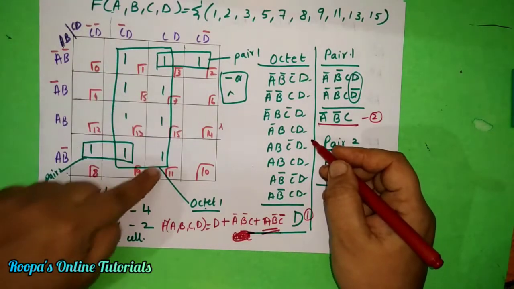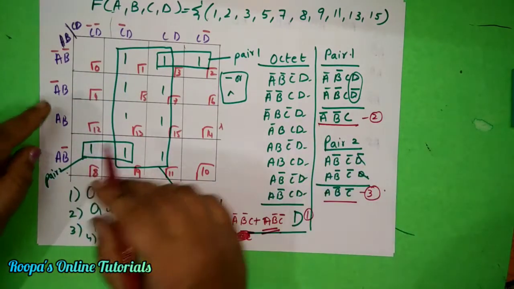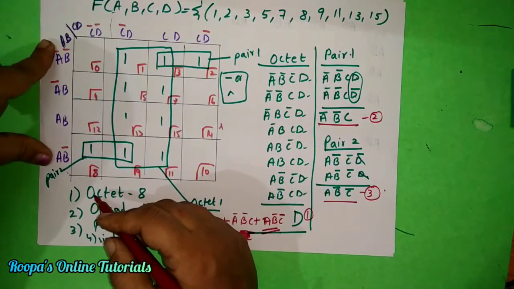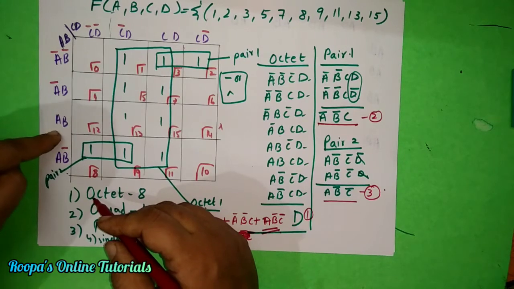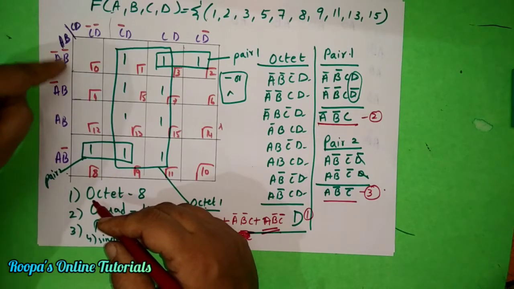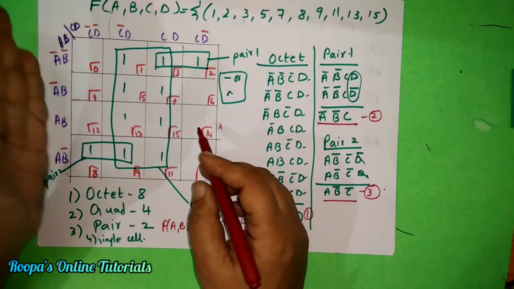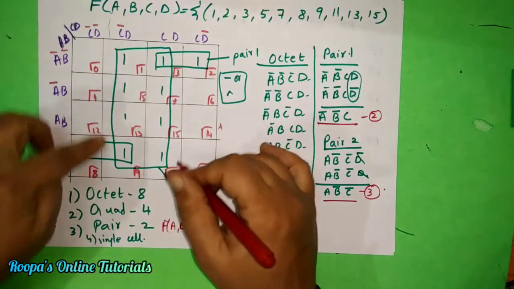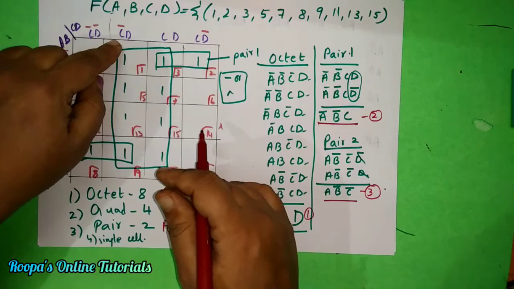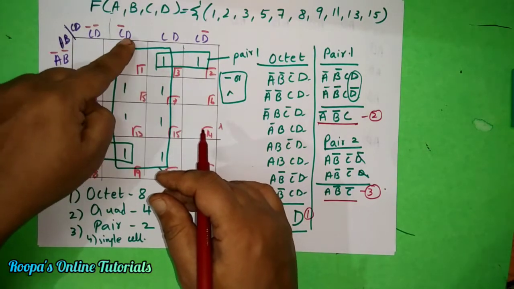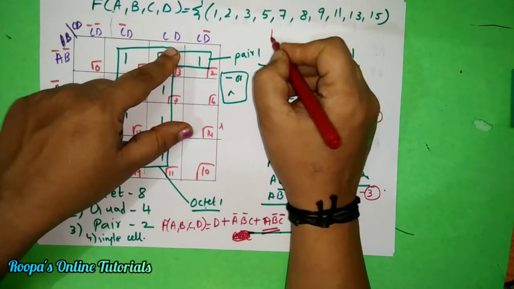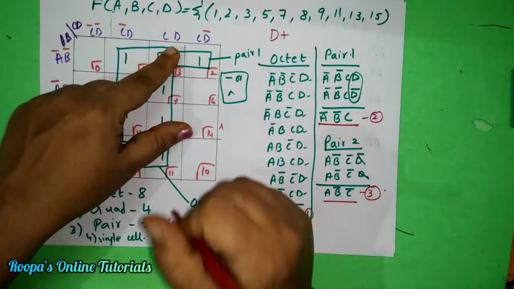Now we have marked here everything, isn't it? Now you just consider this. Here A complement has become A. Okay, B complement has become B. Yes. So AB complement cannot happen in this octet. Here C complement has changed to C. Only D is remaining. So you get D. Yes.